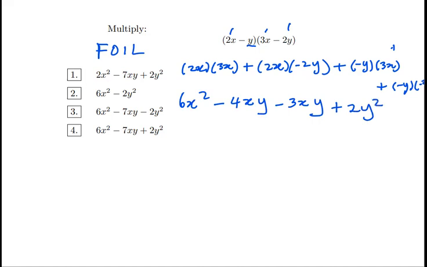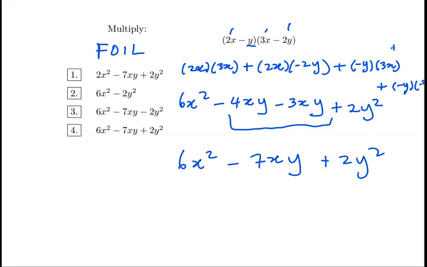Can we simplify any of these further? It looks like we could combine these terms because they have xy in common. So we bring down the 6x squared. Negative 4xy minus 3xy is just minus 7xy. And we bring down the 2y squared. Then we go ahead and look for the correct answer, which will be this one in this case.